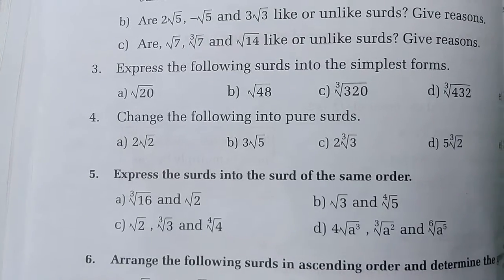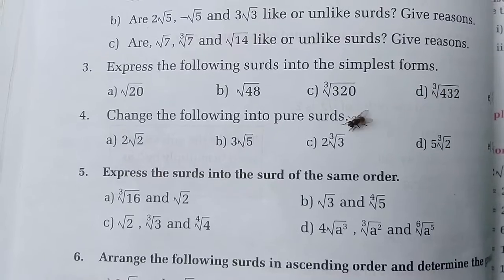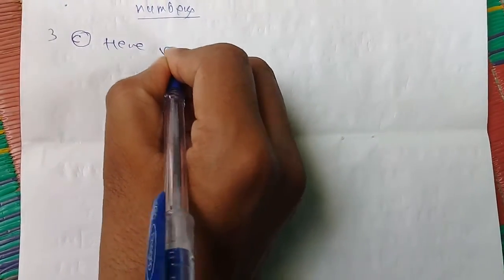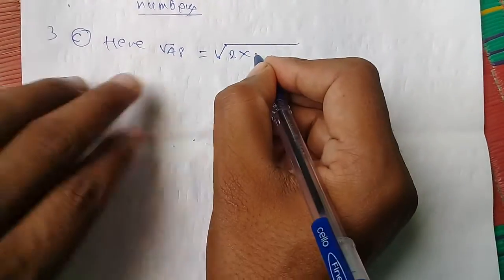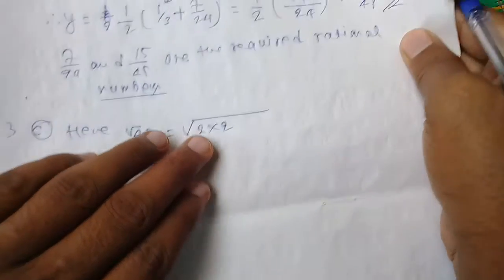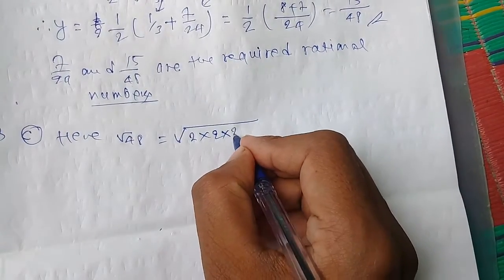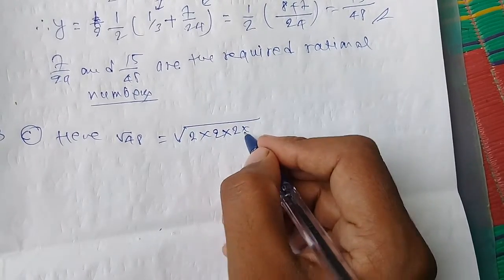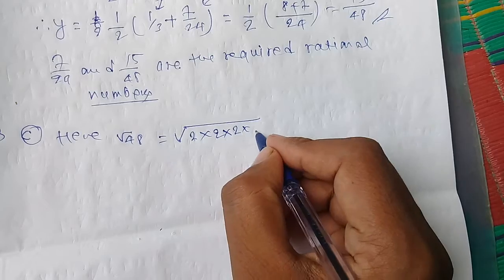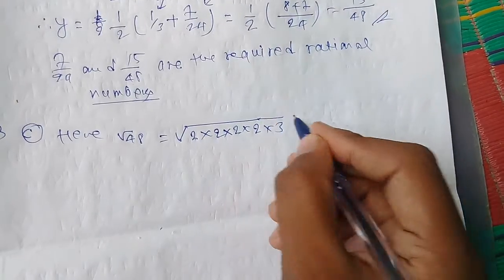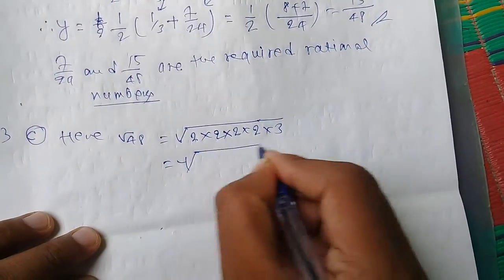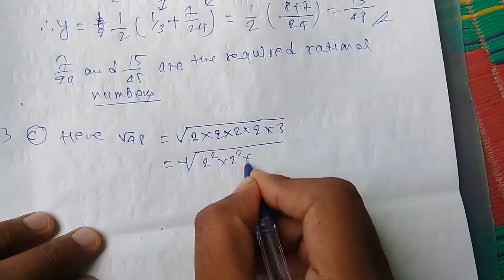Now question 3. Express the following surds in the simplest form. How to do it? Here is root under 48. It can be written as 2 into 2 into 2 into 2 into 3, that is, 2 squared, 2 squared into 3.